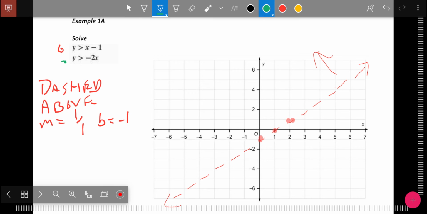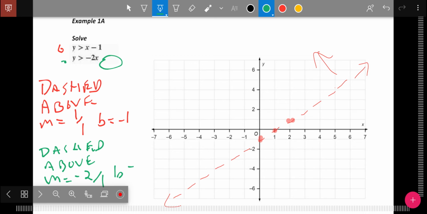Now, for the one I want to do in green, I know again it's dashed. There is no or equal to. Again, y is greater than, so it's shaded above. The m is the number in front of x, so the m is negative 2 over 1. And there is nothing out here at the end, so b is just 0.